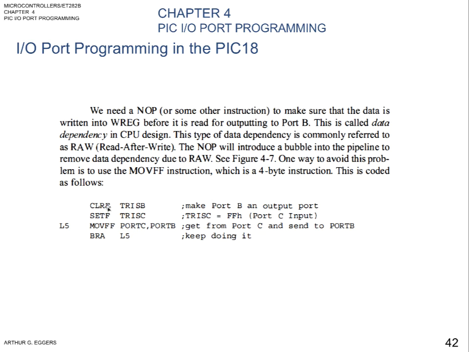Again, we've done a clear of the tri-state buffer file, make port B an output port, set the file tri-state C equal to FFH, port C input, then move FF, port C, port B. So we're identifying with that FF the file at port C and the file port B, and we get from port C and send to port B. Branch L5, and so with that, again, we end up looping.